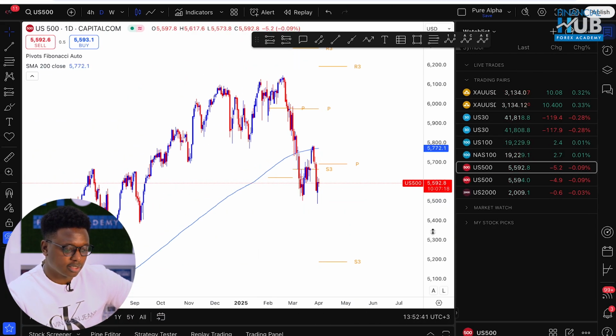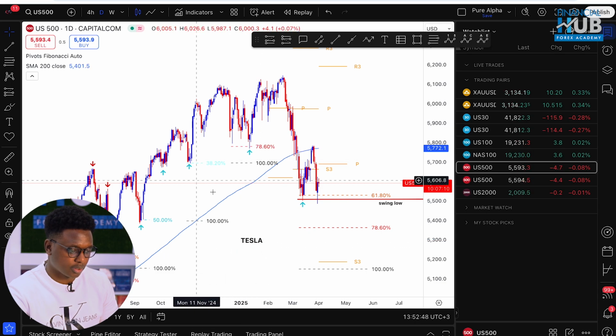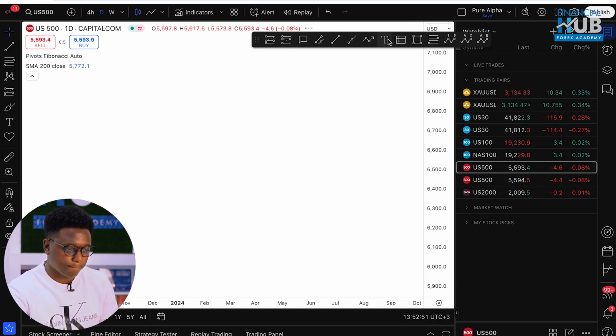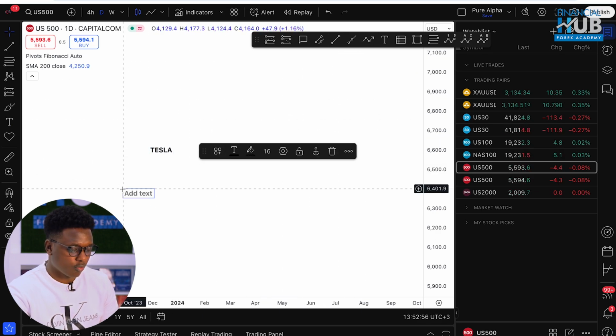So what that means, let's say for example I'm trading Tesla. Tesla has a total of 1 million shares, and each share is worth $100. To get the total market cap, you do 100 times a million, so the company is worth $100 million.